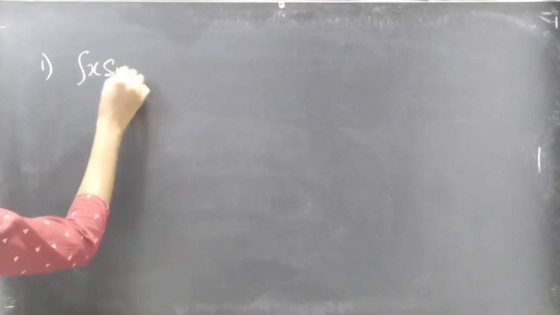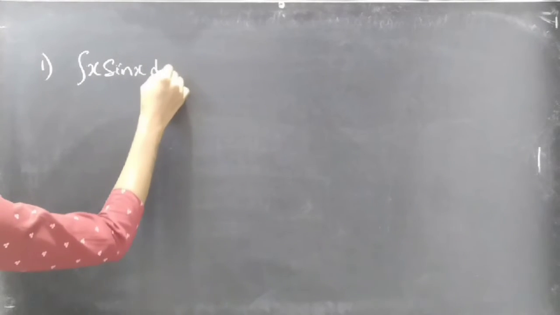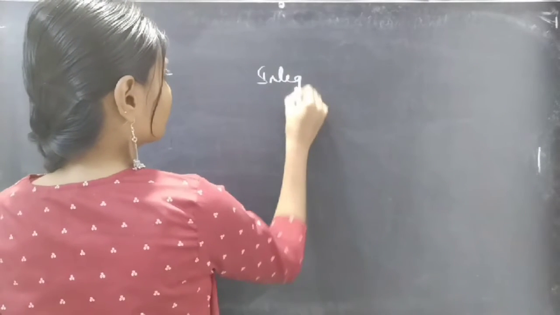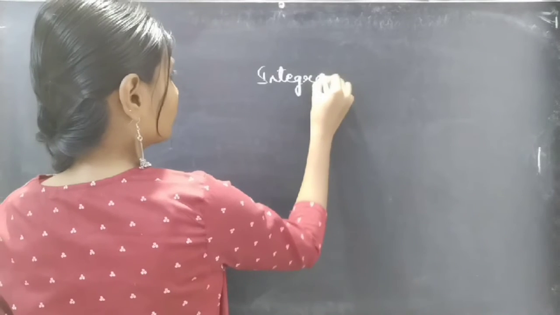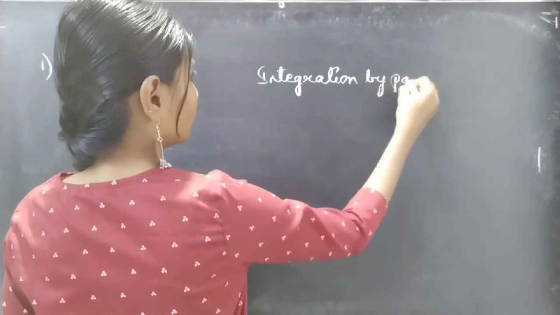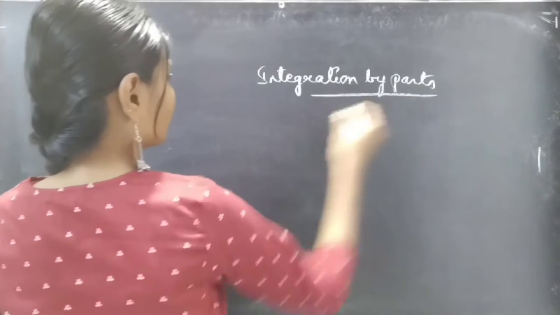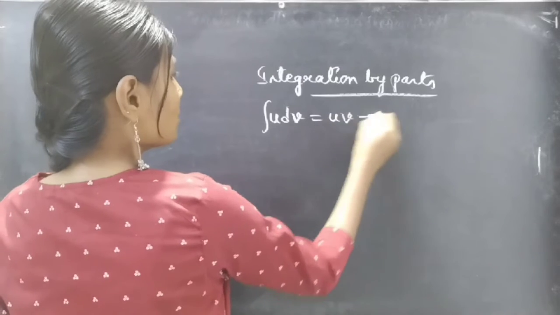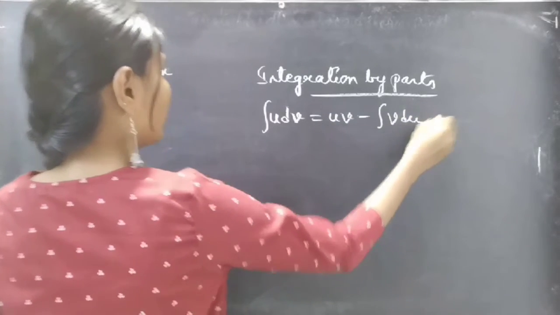Let's evaluate integral x sin x. So here we are going to apply the integration by parts formula: integral u dv equal to uv minus integral v du, right?